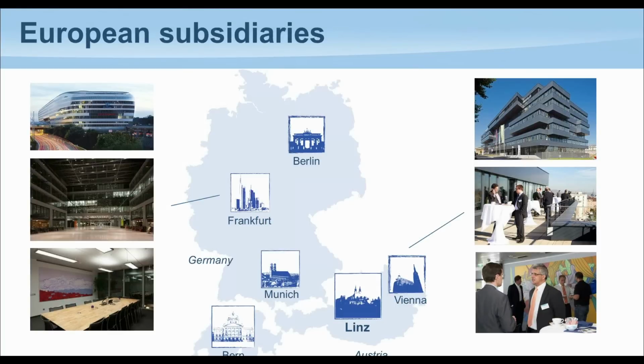Our subsidiaries in Europe are in Austria, in Germany, Munich, Frankfurt, Berlin, and in Switzerland. And here you can see some of our offices. The one in Frankfurt at the airport in the Square building, and the other one at the Vienna Central Railway Station.